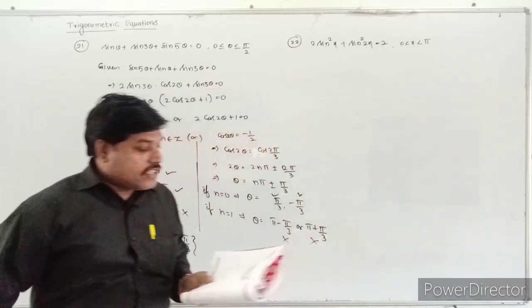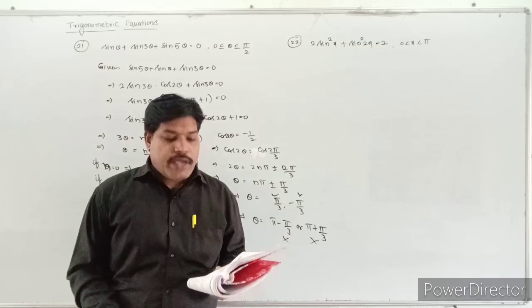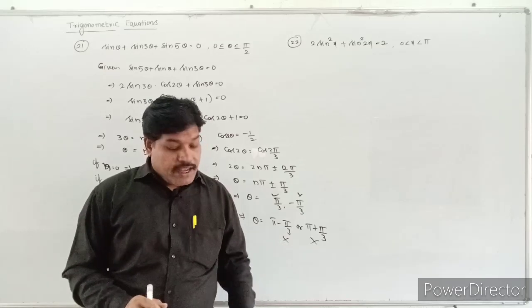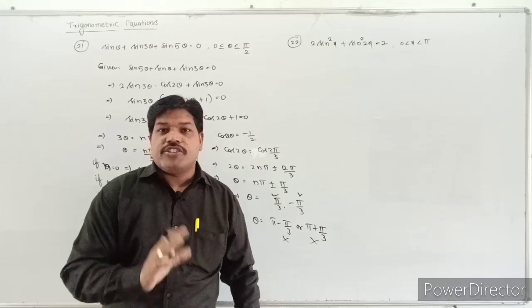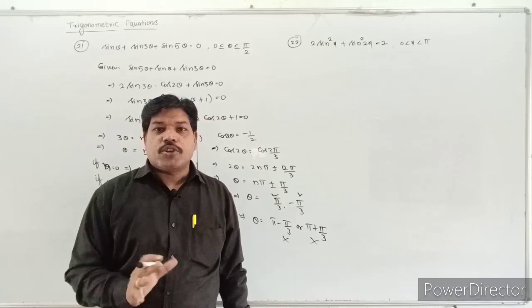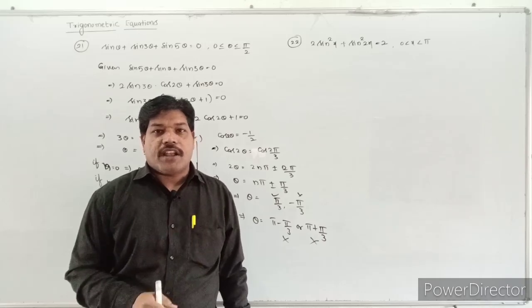So what are they asking? 0 less than x less than pi, then what are the solutions? Between 0 and 180, the number of solutions of the given trigonometric equation.